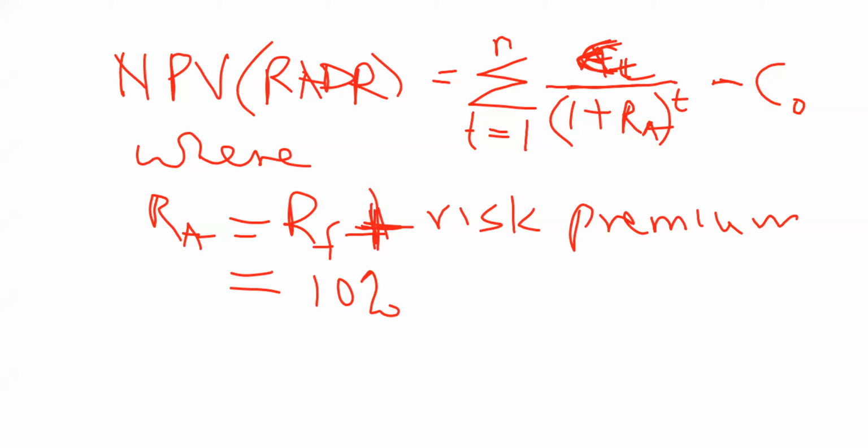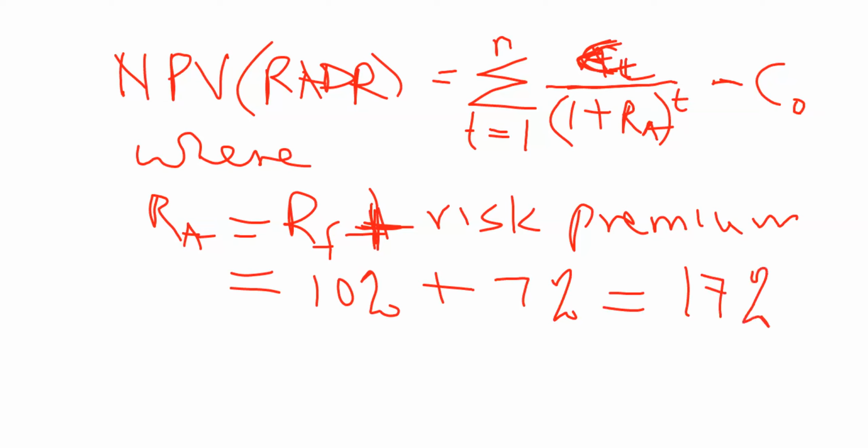No, this RA is equal to RF, that RF is risk-free, plus risk premium. That could be 7% or whatsoever. So this will now give us 17%.